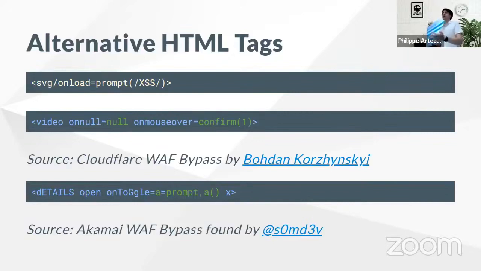Instead of using a script tag or an image tag, the typical XSS payloads for testing, try to use an SVG tag, a video tag, or even, in this case, one researcher found that using details along with the ontoggle attribute, mixed with some case changes to properties and a new line, worked. It's a combination of many patterns, but we can see that using alternative tags can often easily bypass some filters.